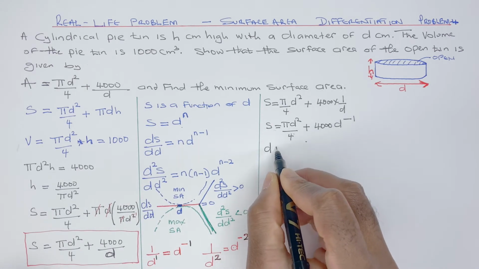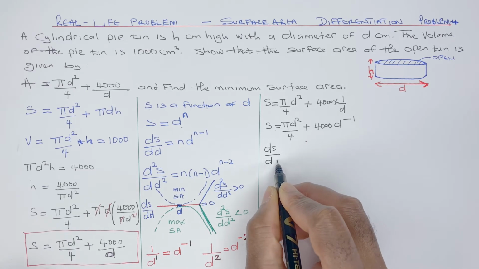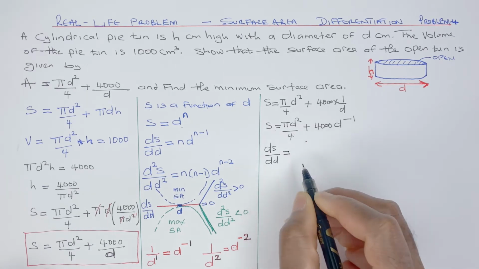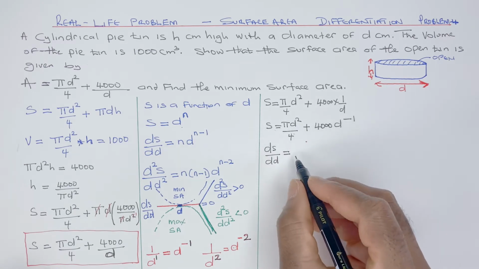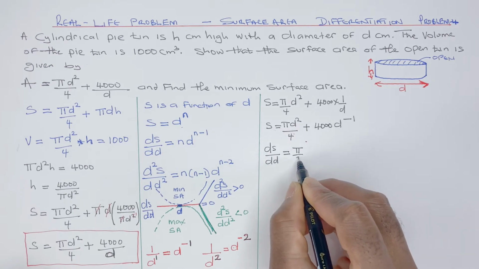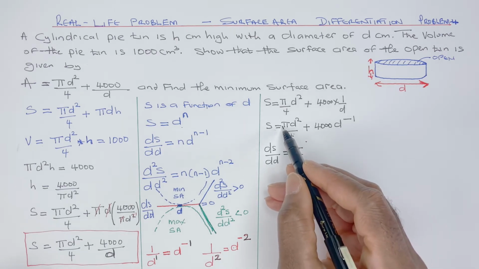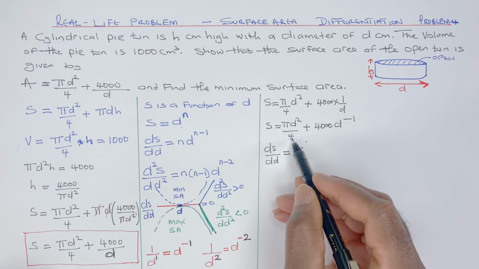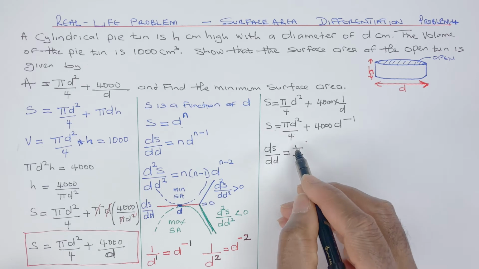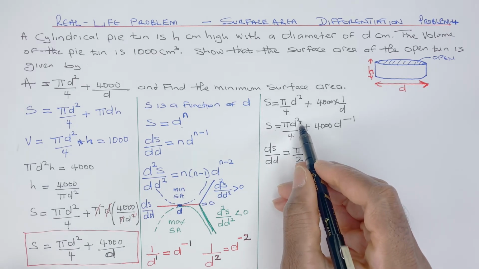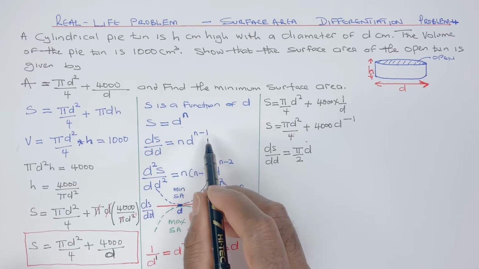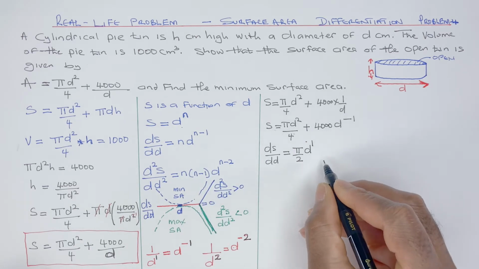So dS/dD will be equal to 2 times pi over 4, which is pi over 2, because the 2 cancels with the 4 and you get 2 at the bottom. So that's pi over 2 D to the power 2 minus 1, so that would be 1.